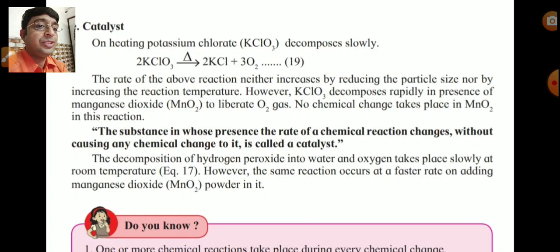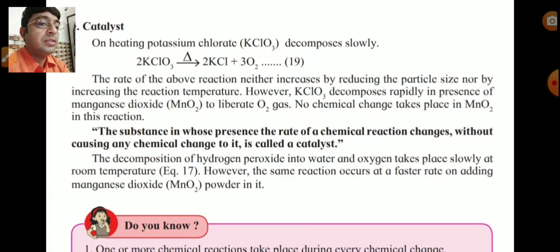The decomposition of hydrogen peroxide into water and oxygen takes place slowly at room temperature. Where did we learn this reaction? This reaction we learned in the second type of reaction, that is decomposition reaction. You check there.